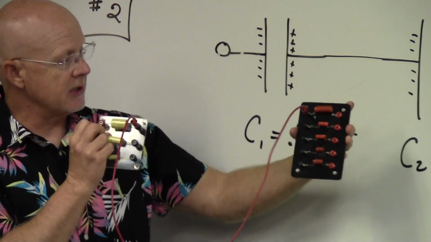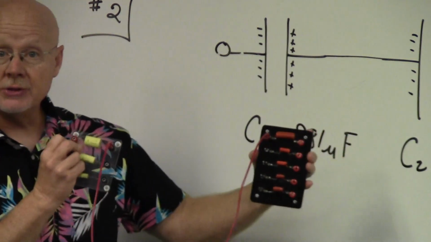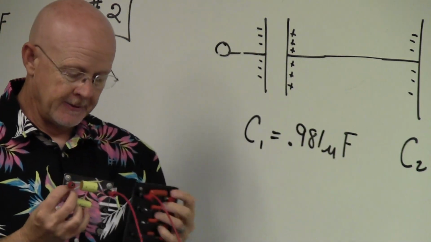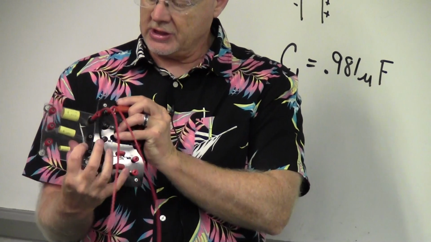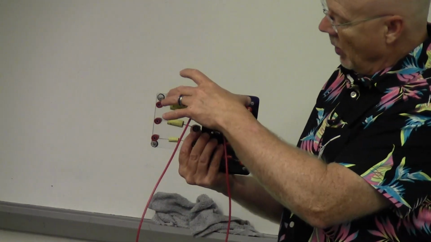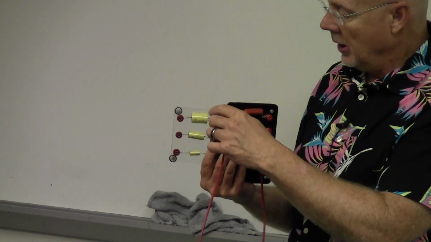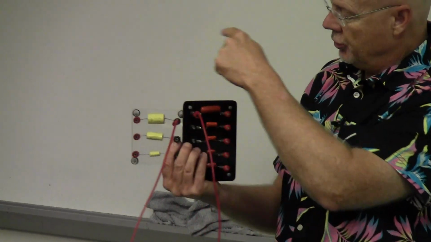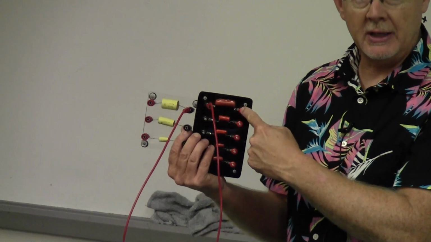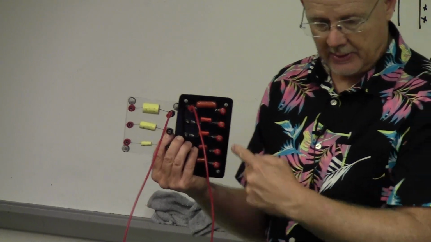And so there are my two capacitors in series. To think of this as one, I'm just going to hold this together in one hand and say, okay, think of this as one capacitor. And what is the capacitance from here, the first plate of the first capacitor, to over here, which I'll call the second plate of the second capacitor?